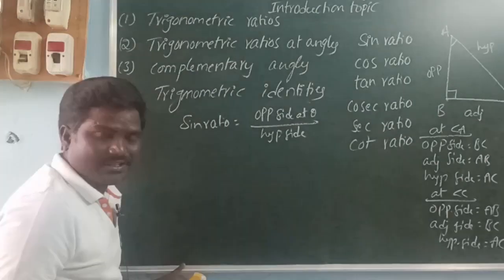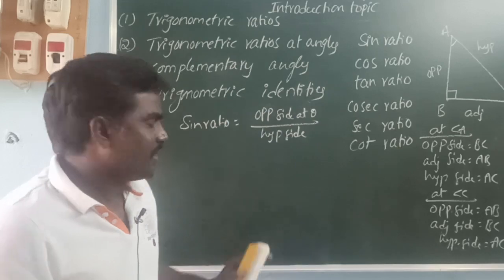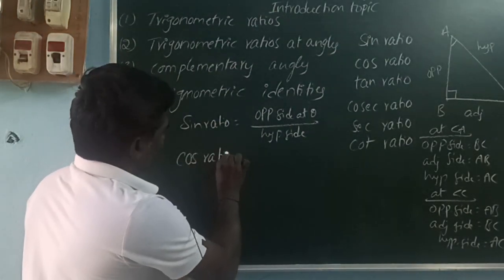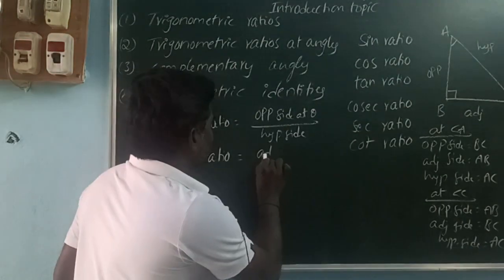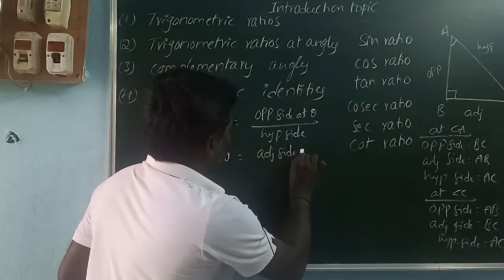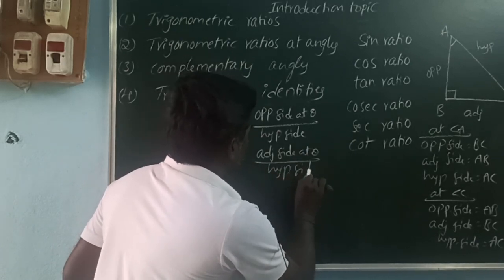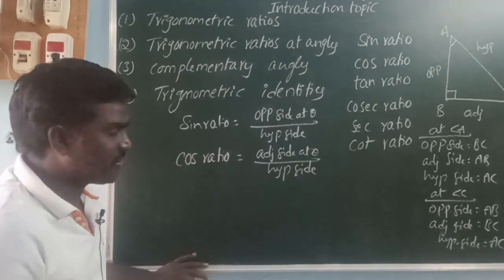This is the sine ratio. Next, cos or cosine. What is the cos ratio? Adjacent side at the given angle by hypotenuse side. The ratio from adjacent side at the angle to the hypotenuse side.